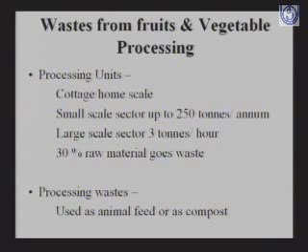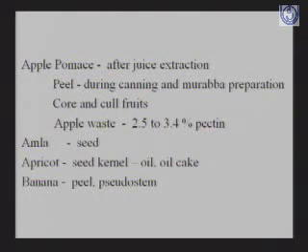Let us see what type of waste we generate from individual fruits. Take apple: we extract the juice and we get pomace. Pomace is the waste material, the peel, skin, seed and core, which cannot be converted to juice. We also get peel during canning and murabba preparation, and core and cull fruits which cannot be put in the fresh market.